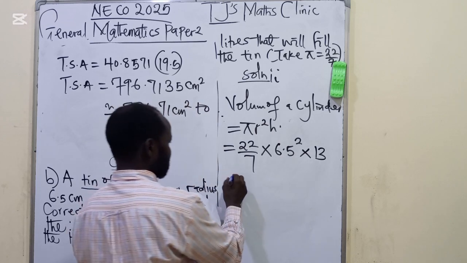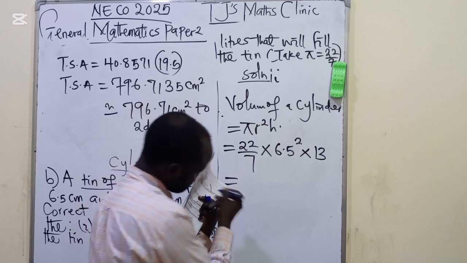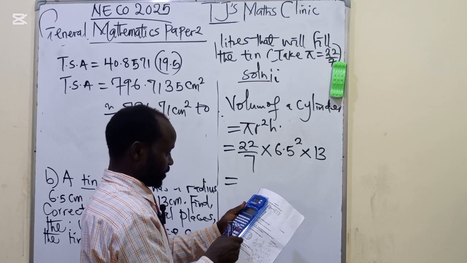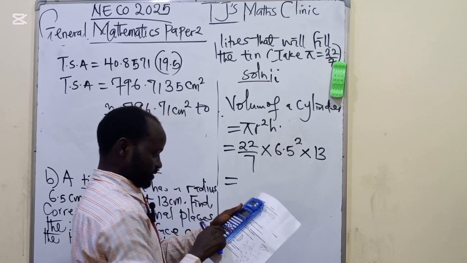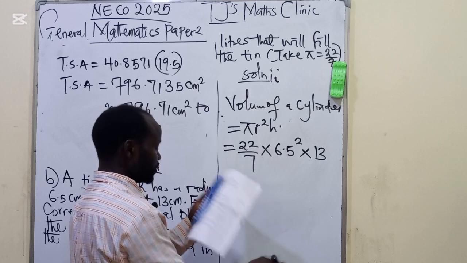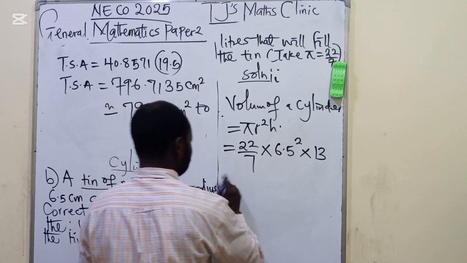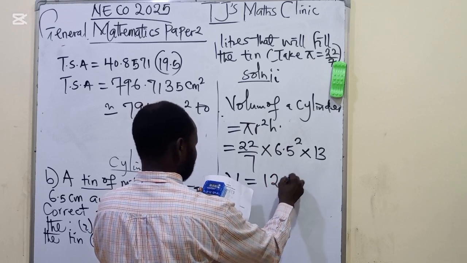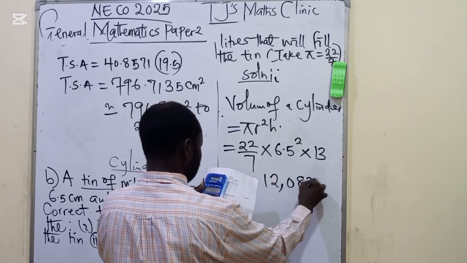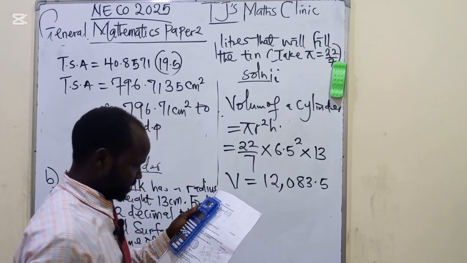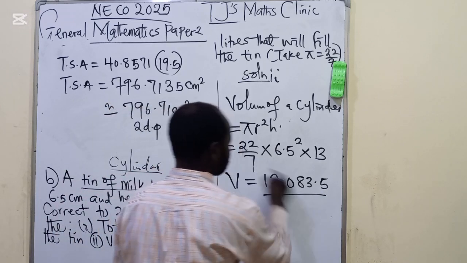So let's solve this and see what we will get. Let's multiply 6.5 squared multiplied by 13 multiplied by 22. The volume V will be 12,083.5, divided by 7.